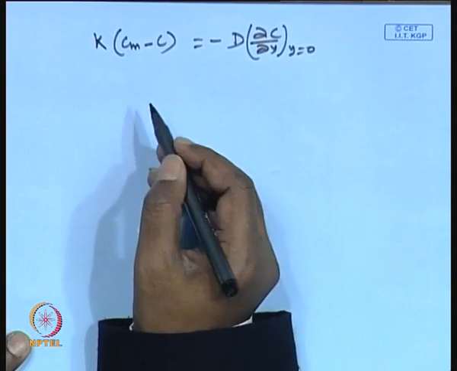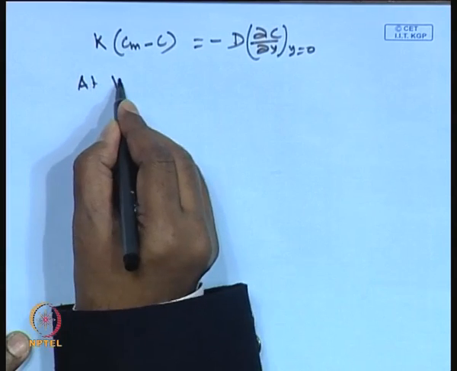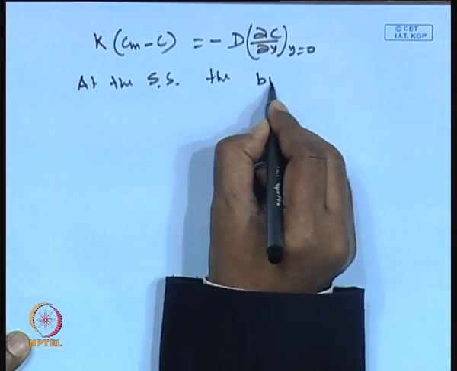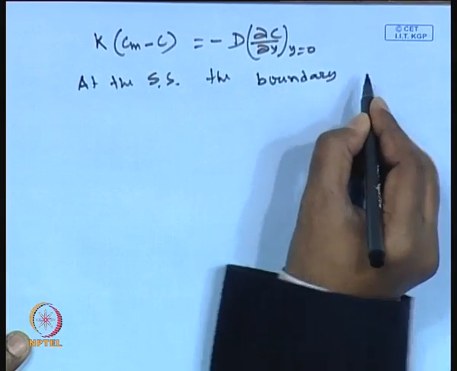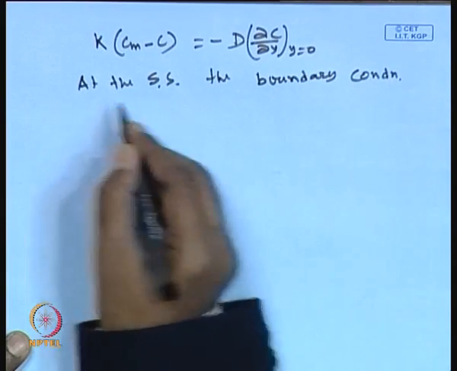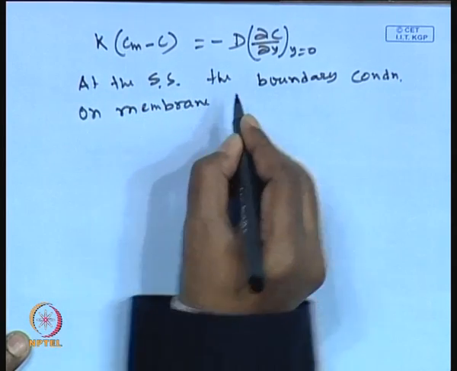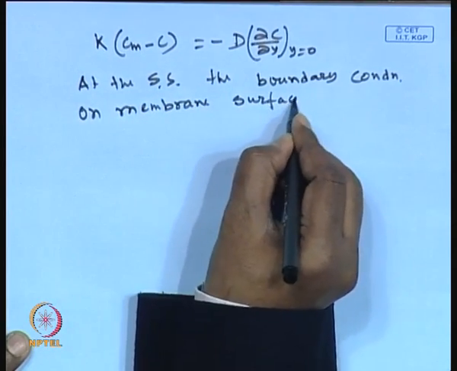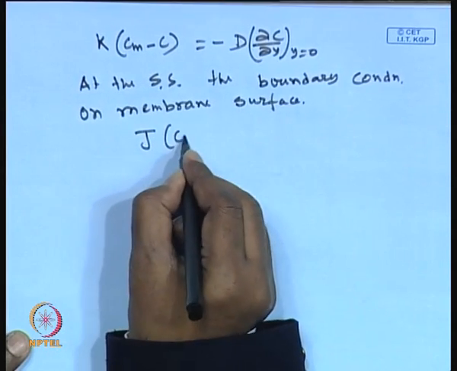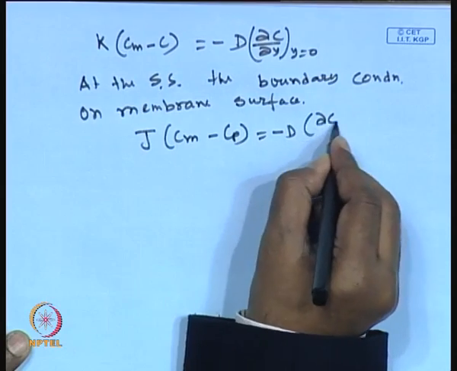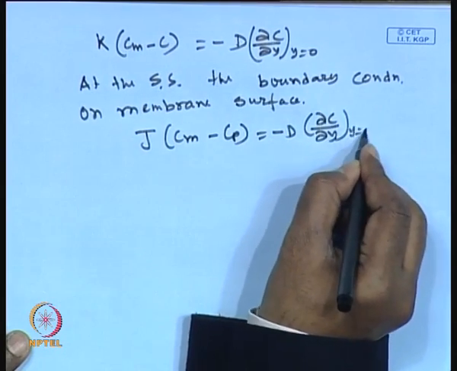Now, let us see. At the steady state, the boundary condition on the membrane surface becomes J times (Cm minus Cp) is equal to -D ∂C/∂y at y equal to 0.